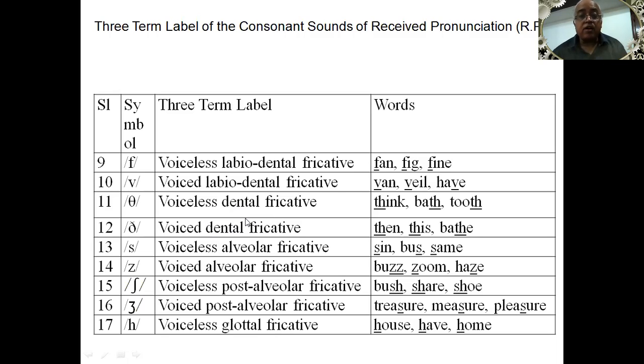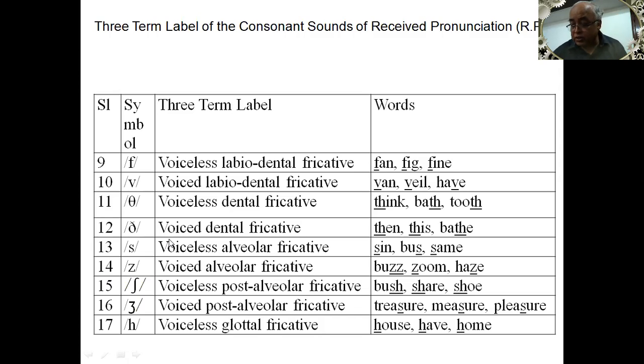And it's a fricative because there's a stricture of close approximation. There is a narrowing, and when the air passes through, there's a lot of friction. Say the th in the word think, th in the word bath, th in the word tooth.